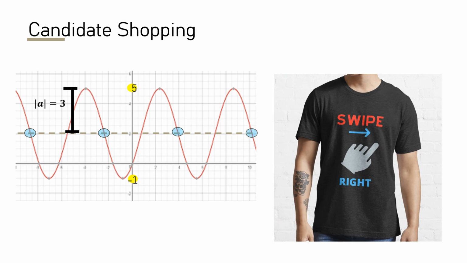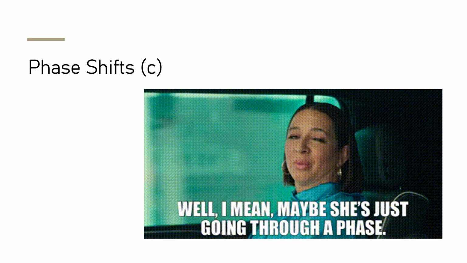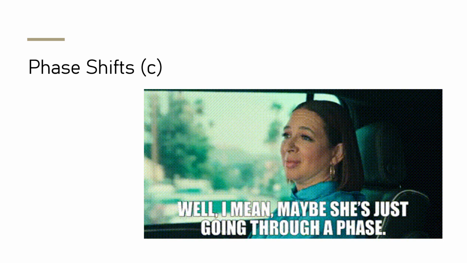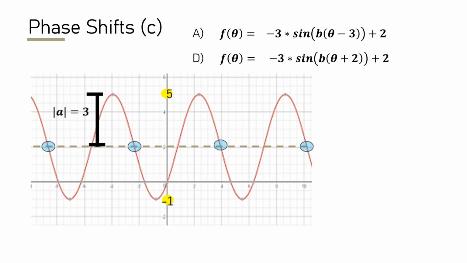I should have also had blue here, here, and here. Sine starting at the midline. Sine 0 is 0. So that will lead us to look at our phase shift. So we've identified some candidates, and again, I should have put blue here, here, and here as well.